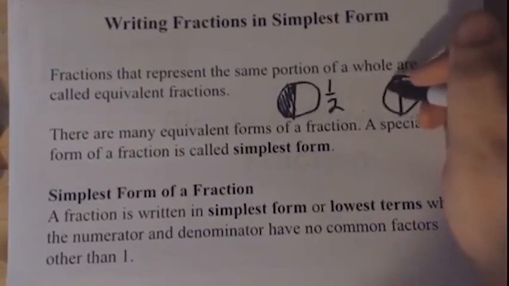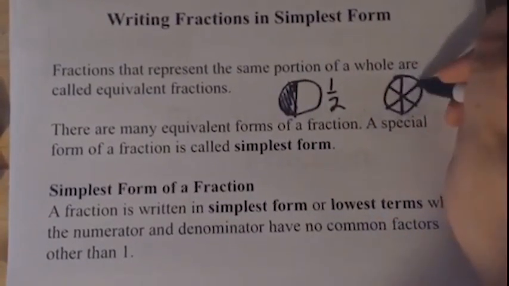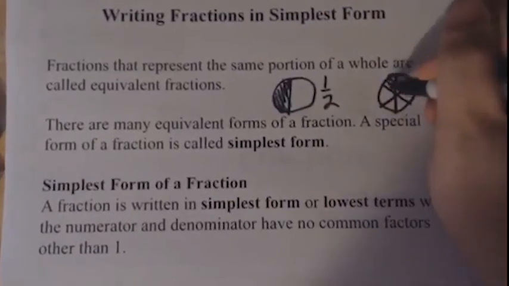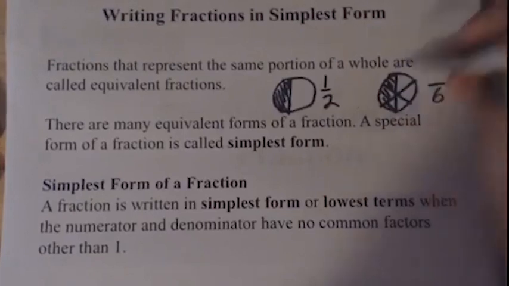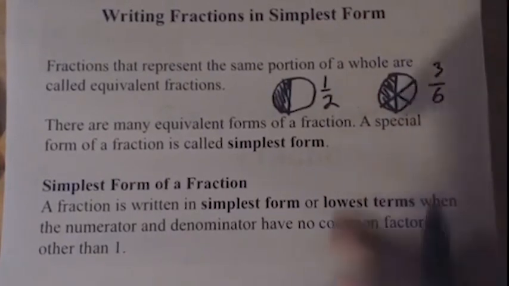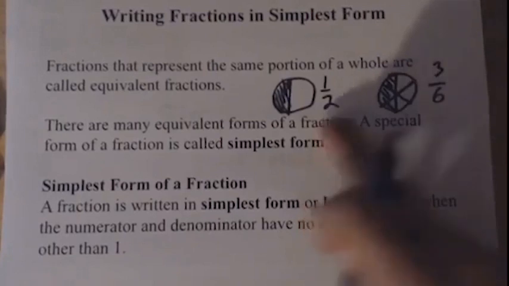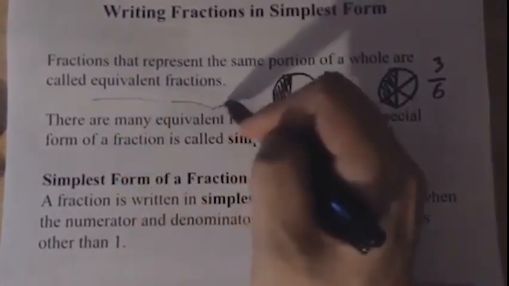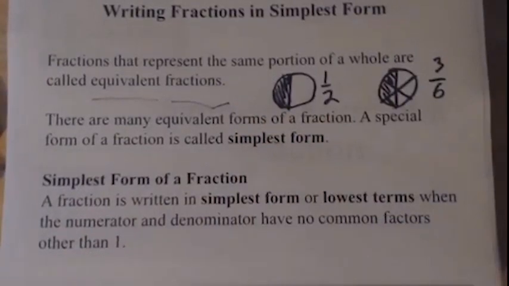But here, let's say before I shade it, I split it into 6 pieces. Then when I shade the half, I've actually shaded 1, 2, 3 pieces. So 1/2 and 3/6 represent the same portion of a whole. So they're called equivalent fractions.